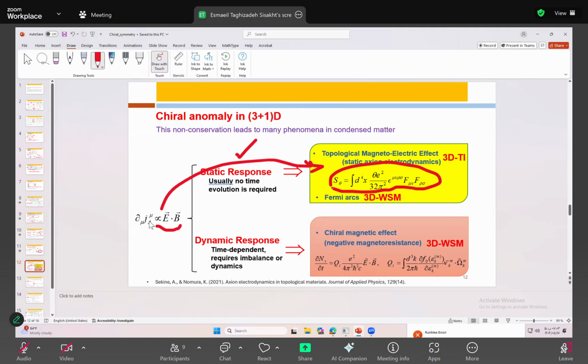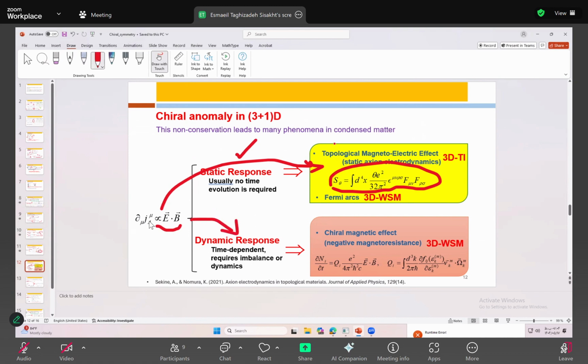And also it can give rise to the appearance of something called Fermi arcs at Weyl points in three-dimensional materials. Also, there is a dynamical response.